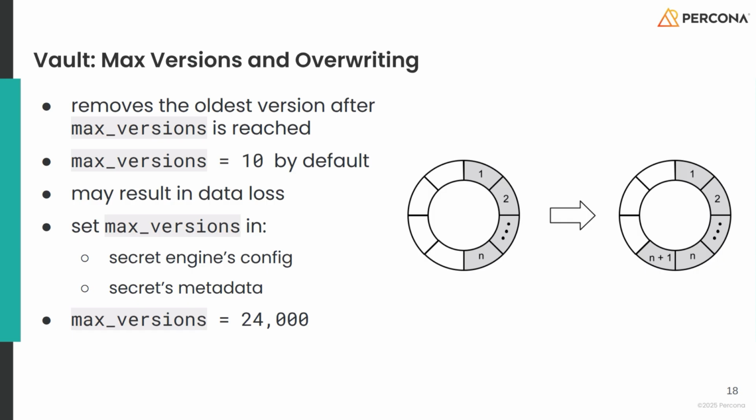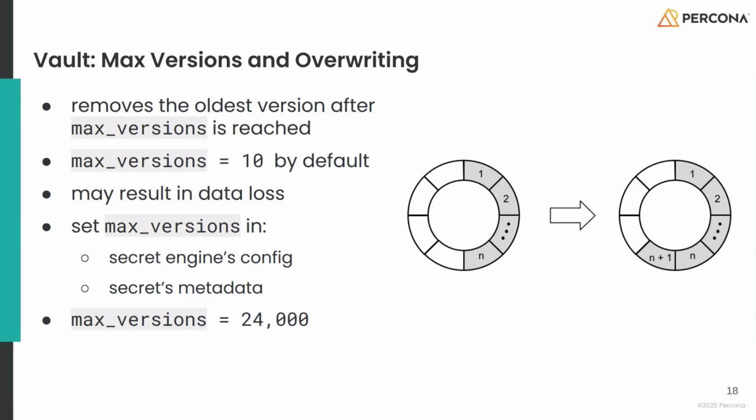We can alleviate that problem by increasing the max versions parameter on the Vault server, either for a particular secret or a whole secrets engine, or both. In the latter case, Vault chooses the bigger of the two maximums. Vault supports values as high as 24,000, if I remember correctly, for max versions.